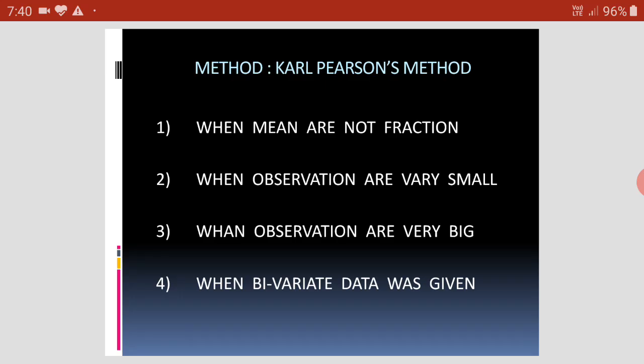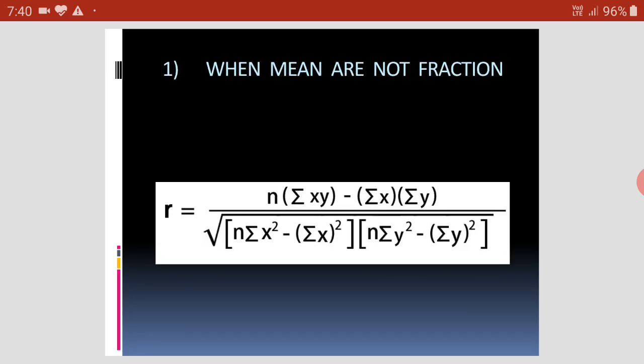Method number 1, when means are not fractions. Number 2, when observations are very small. Number 3, when observations are very big. And number 4, when bivariate data is given. I think number 4, when bivariate data is given, is not included in your 12th standard. Suppose we start with the method when means are not fractions and when the observations are very small.